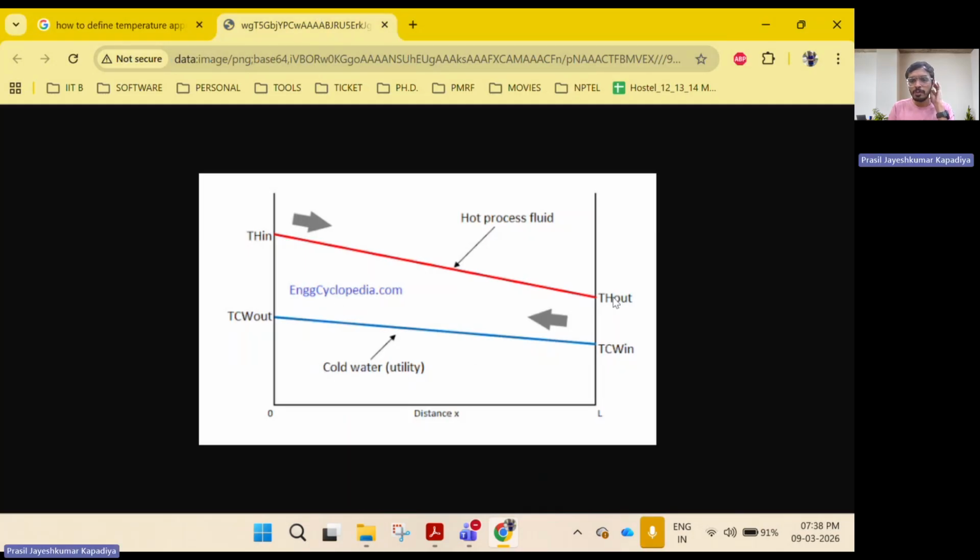So this TH out minus TC in is called 10, and TH in minus TC out is 10. So this is called temperature approach. So what do we need to do? We need to develop this kind of diagram first for this problem.